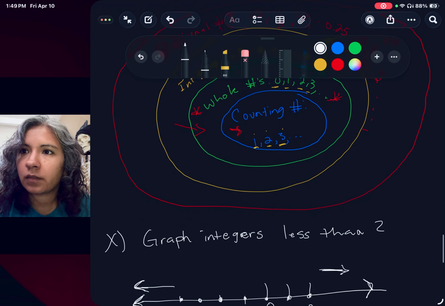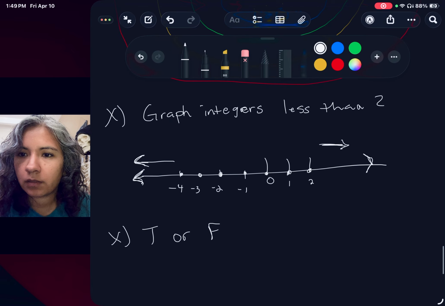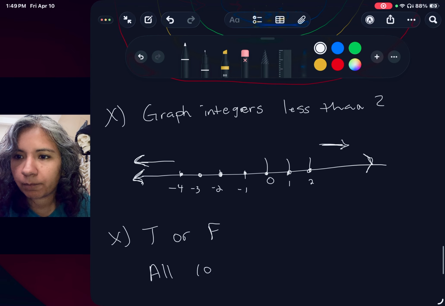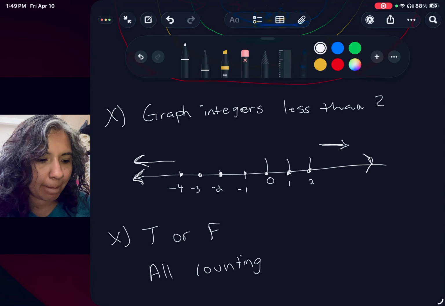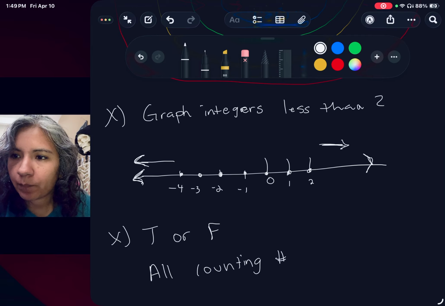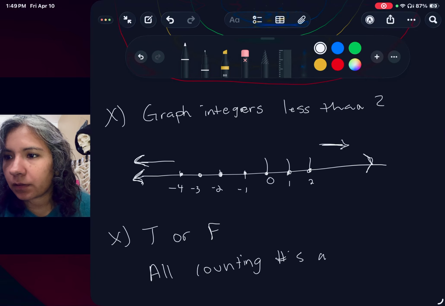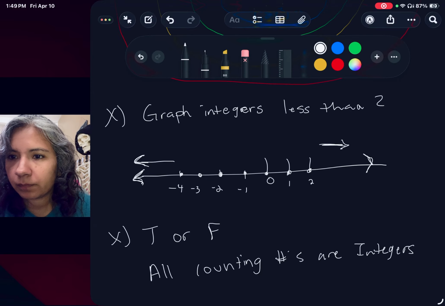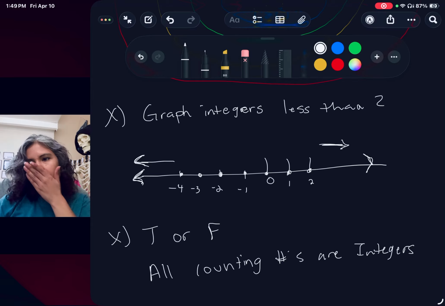Let's say all counting numbers are integers.